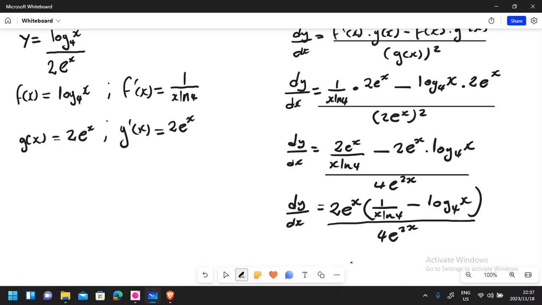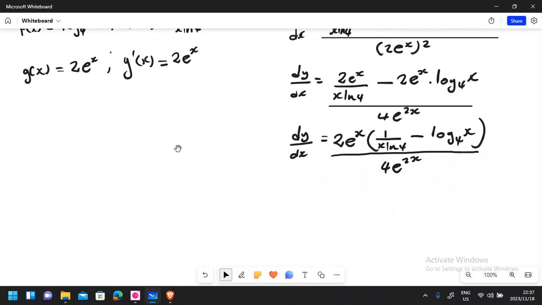Now this here, guys, you can continue and simplify it. Let's continue and simplify it. dy over dx: look, 2 into 4 is going to be 2.